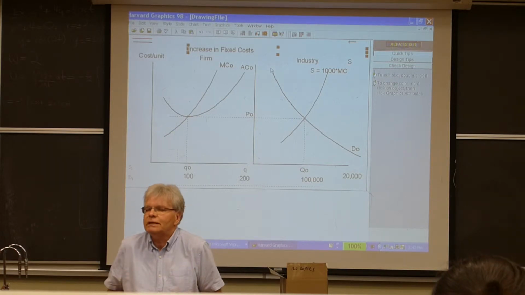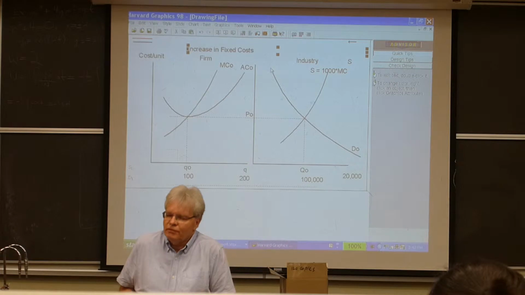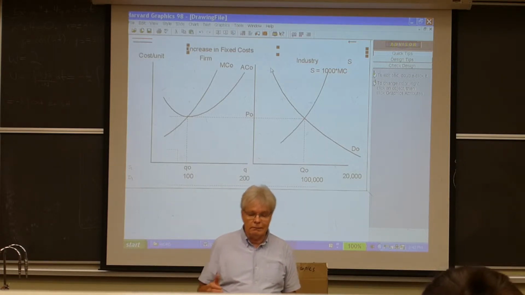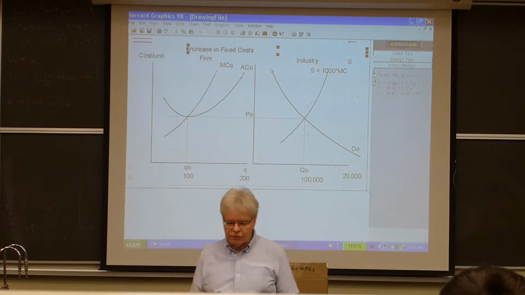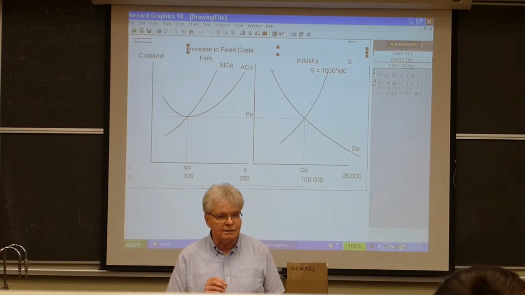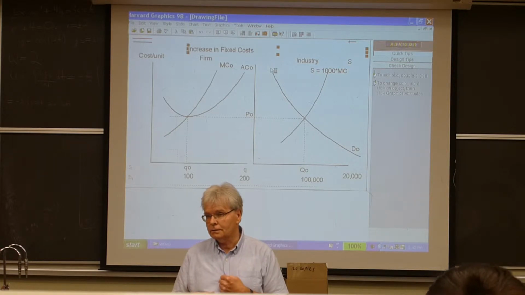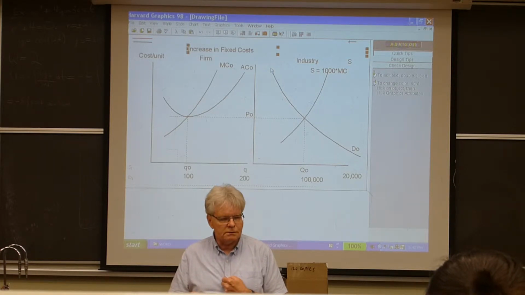Now notice this is a fixed change. It's a change in the fixed cost. It doesn't matter whether the restaurant produces anything or nothing. They're going to pay an extra $1,000 to have that licensing fee or that property tax. All right? So this is a fixed cost.